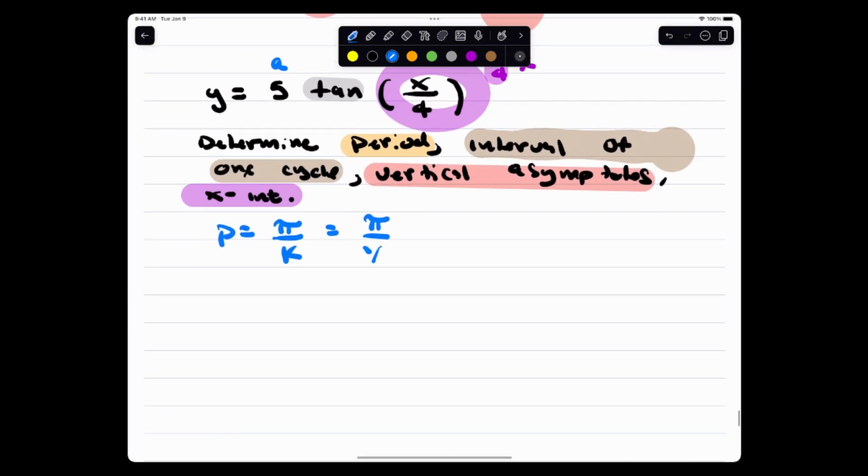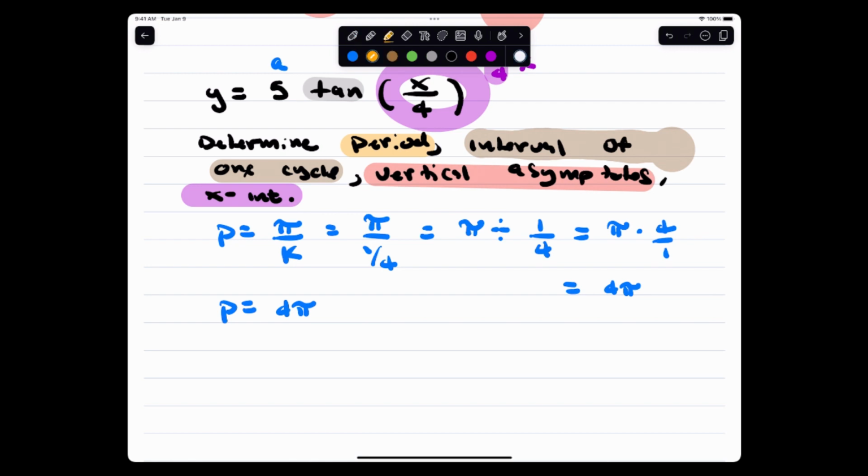So this would be 1/4. Now, what's your arithmetic? Pi divided by 1/4 is pi times 4/1. We know this as 4 pi. So I'm just going to write it down this way. Period is 4 pi. Good.